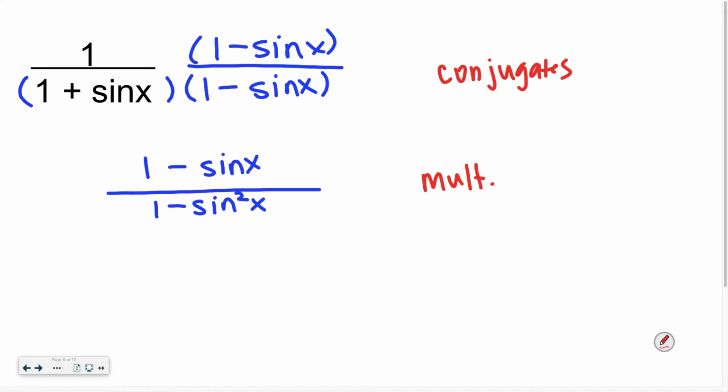Okay, so we multiplied by the conjugate. What's that going to do? Earlier we looked at 1 minus cosine squared, correct? Do you think we could rearrange this the same manner for 1 minus sine squared?